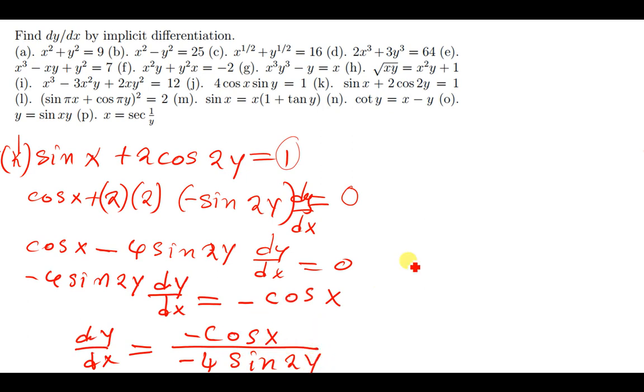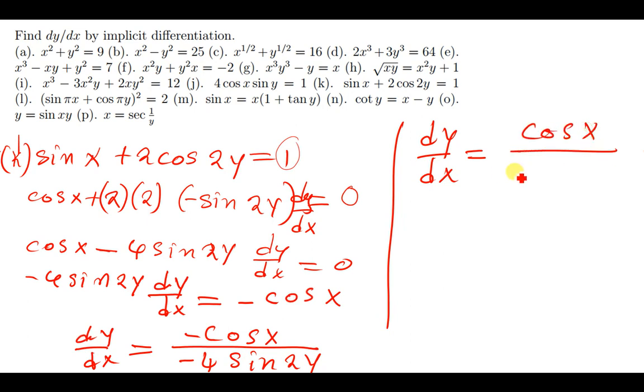So we can simplify further by cancelling the negatives there. So we have dy dx equal to cos x, then everything divided by 4 sine 2y.